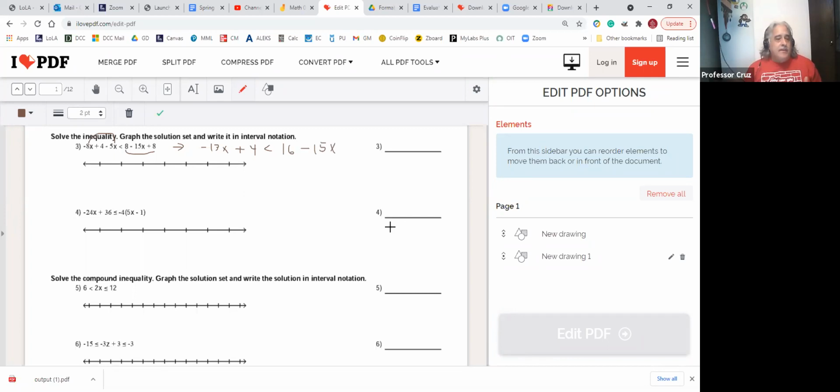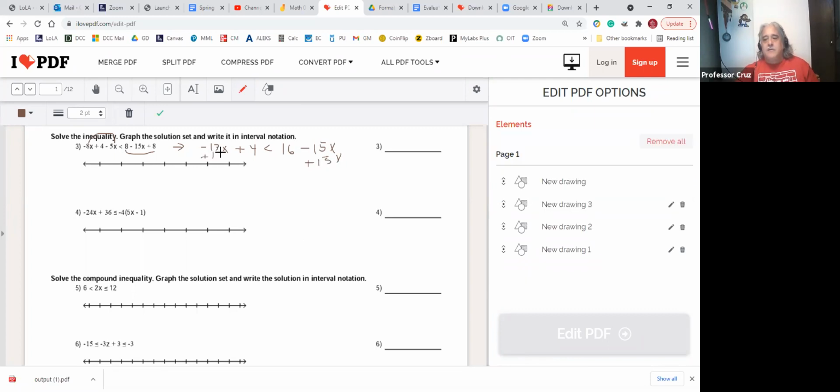Now we're going to collect like terms across the equal sign, which means just like with an equation, we're going to do the opposite. So if we plus 15x and plus 15x, and then we're going to minus 4. So this is going to be 2x.